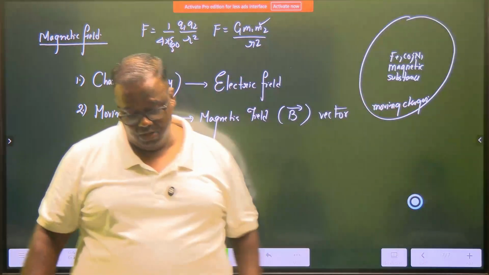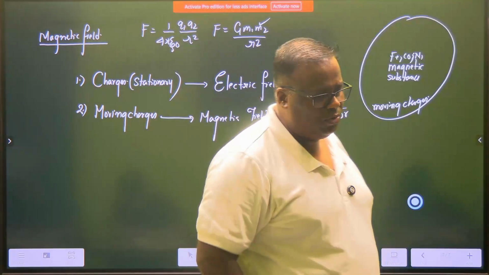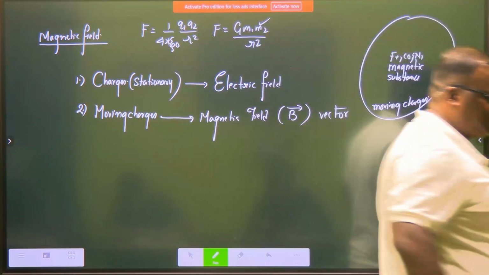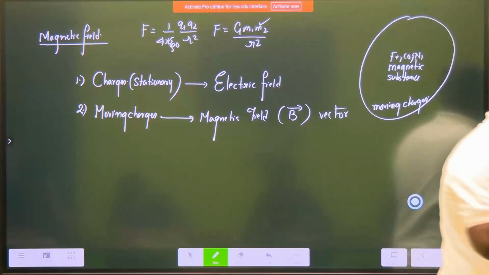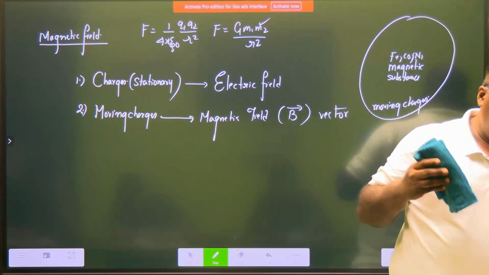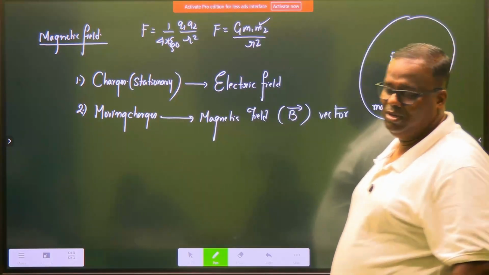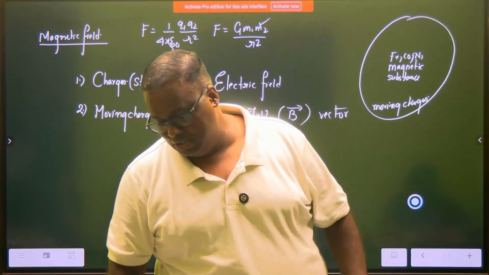So write down your next property: can exert force on magnetic substances and moving charges. See, all these can come in very 1 mark type of question. A moving charge will see a force from both.